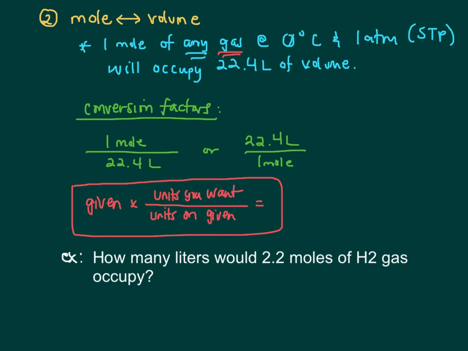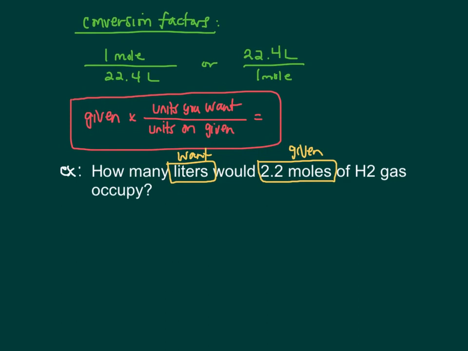Our example is, how many liters would 2.2 moles of H2 gas occupy? So we're given that we have 2.2 moles of H2 gas, and what we're asked to find is liters. So this is what we want. When we set this up, again, you always set up with what you were given first, and then you're going to multiply it by your conversion factor.